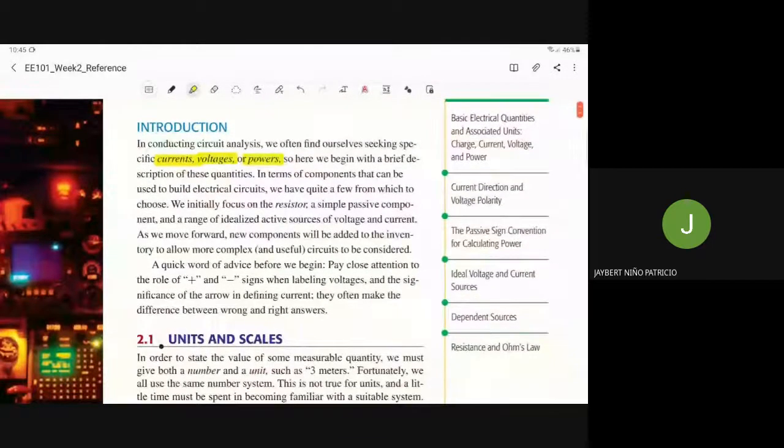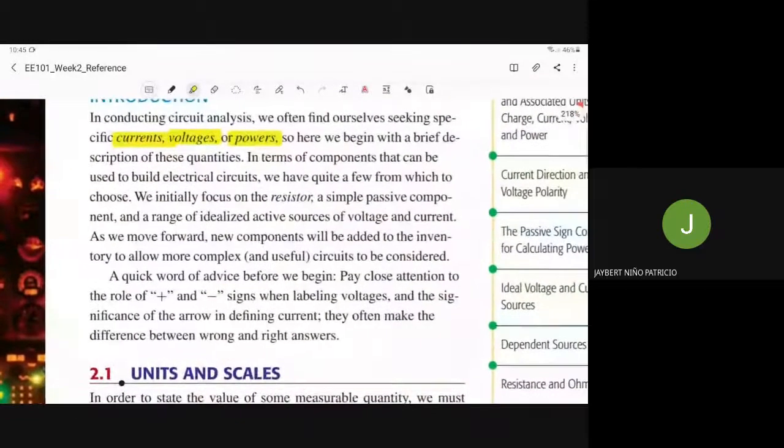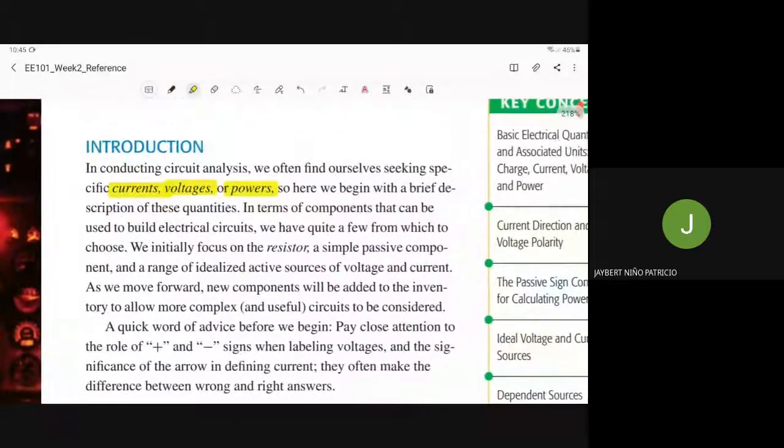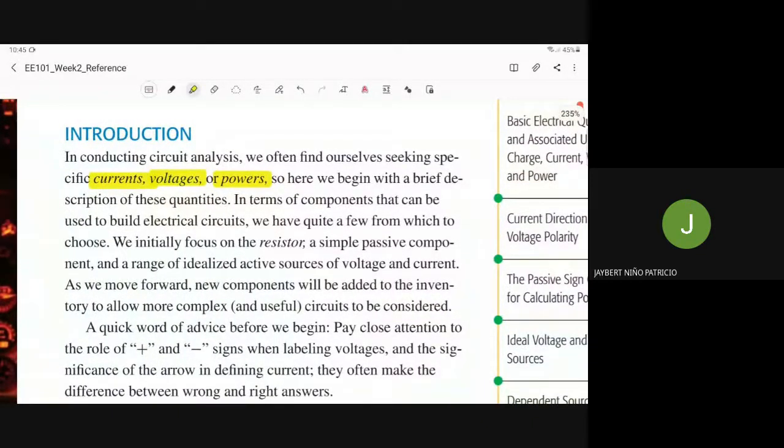And for you to be able to see it clearly, let me zoom in. Is it okay with you that I present our class this way, so that it is more detailed? Yes, sir. Okay.